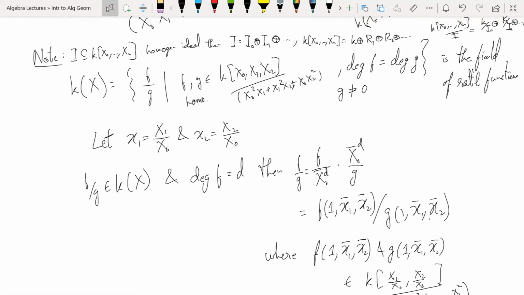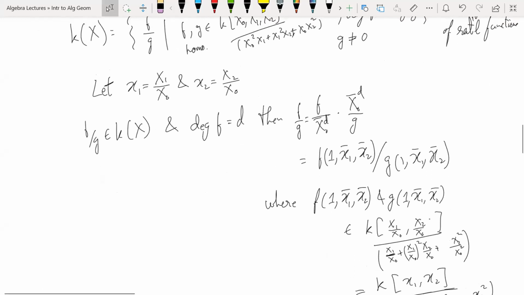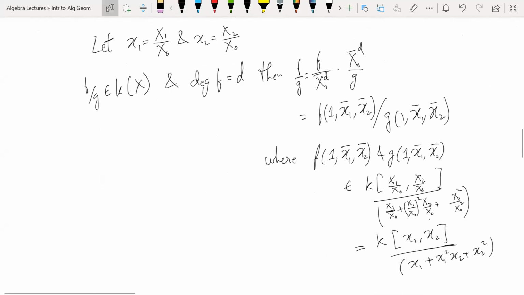This is how we did the dehomogenization as well. So if you take this homogeneous polynomial and divide by x naught power 3, you get x1 over x naught plus x1 squared over x naught squared times x2 over x naught, and then x2 squared over x naught squared. So f and g are elements of this polynomial ring.